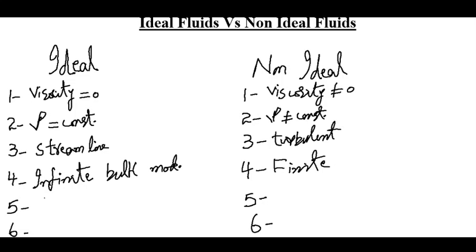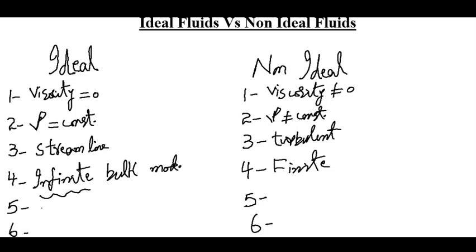This infinite value for ideal fluids is due to their incompressibility. That is, no matter how much stress we apply, there is no strain. So the value of bulk modulus is infinite for this case, while as they are compressible, the value of bulk modulus is finite for non-ideal fluids.